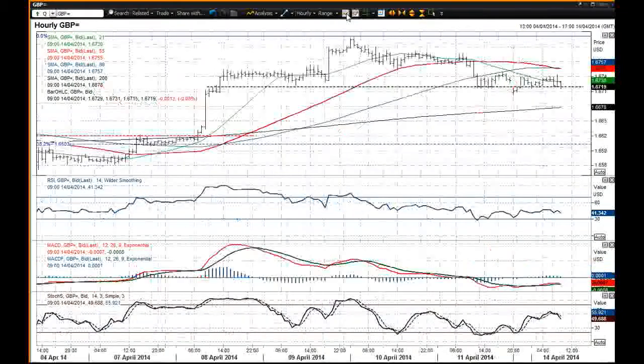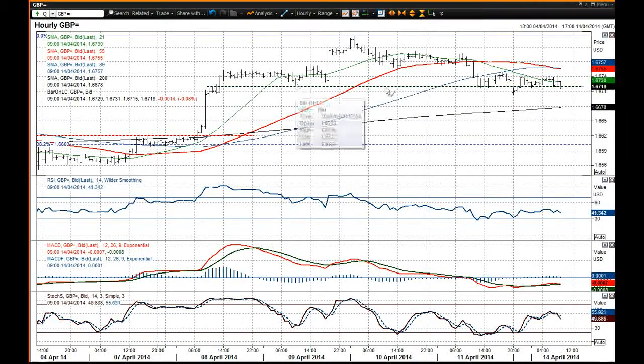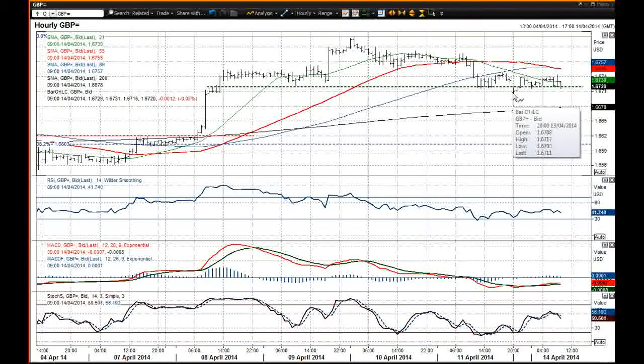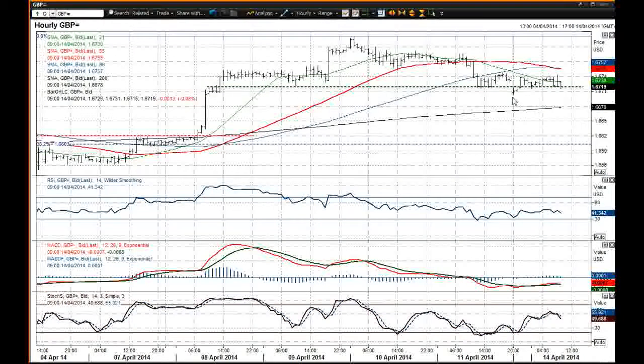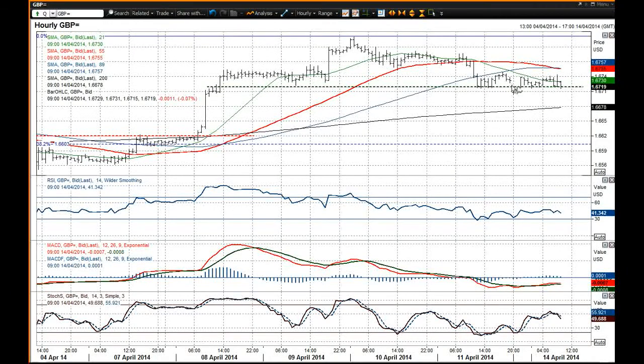If I just focus back in, I think it needs to look for a confirmation below that 67.03 mark, which was the reaction low following on from the opening of trade after the weekend, which was actually a gap that's now been filled. So that's not really in the equation anymore.